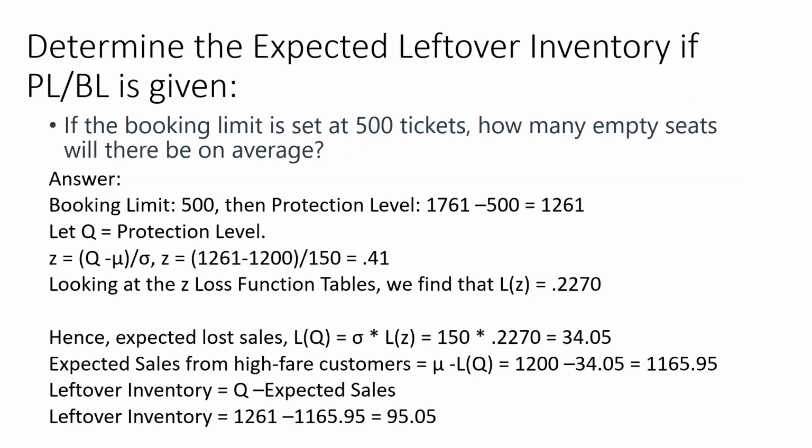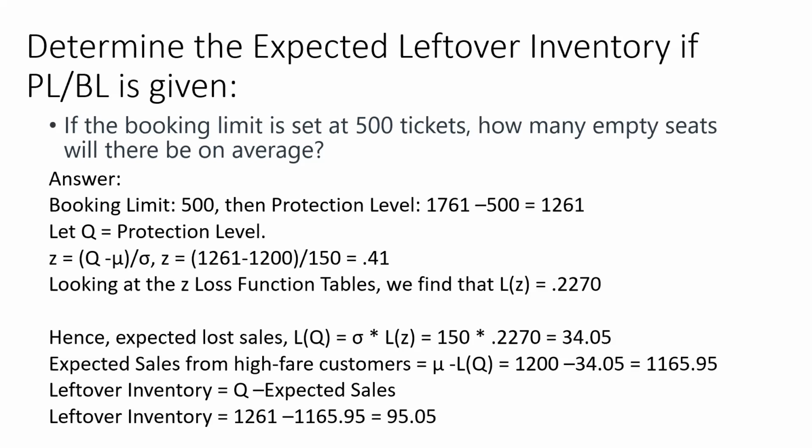Okay. And we also have another kind of question. It can ask you to determine the expected profit, the expected revenue for both low fare and high fare tickets. For low fare tickets, the revenue is your booking limit times your low fare ticket price.